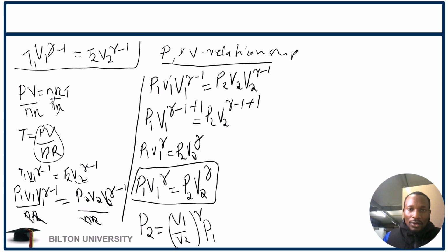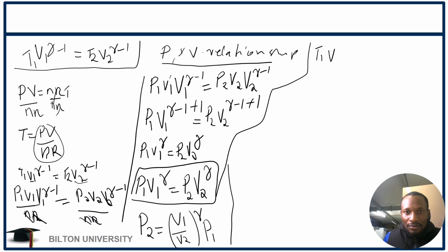Okay, so here are two different equations that you must know how to use. The first equation says T1 V1 to the power gamma minus 1 is equal to T2 V2 to the power gamma minus 1, and we wrote it assuming that we know our initial volume, initial temperature, and final volume.